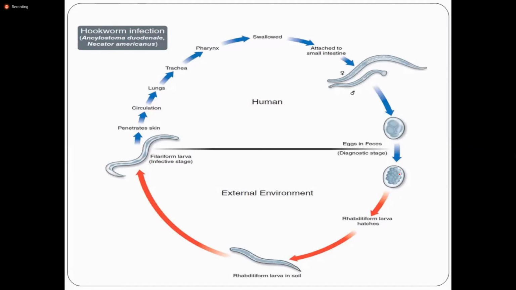If the person is not hygiene aware, or due to poverty, overcrowding, there are multiple factors, then these develop into rhabditiform, and rhabditiform into infective filariform.